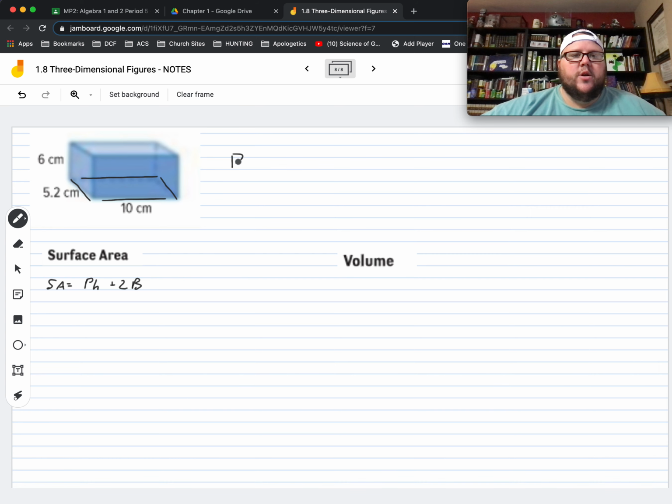So our perimeter equals 2 times 5.2 plus 2 times 10. So our perimeter is going to be 10.4 plus 20, which is 30.4 centimeters. So that's our perimeter.